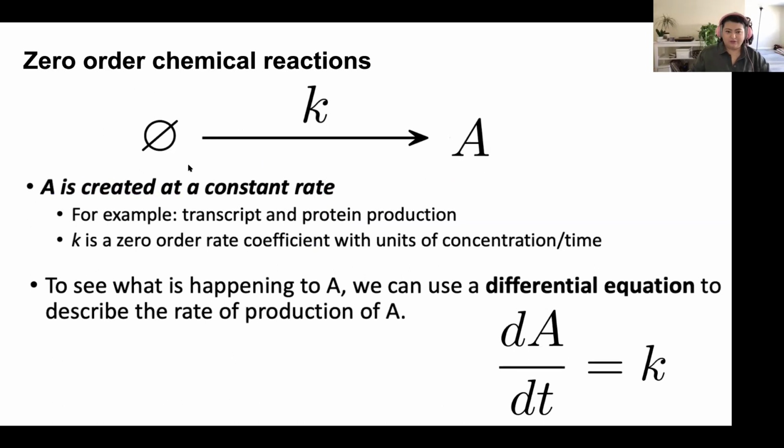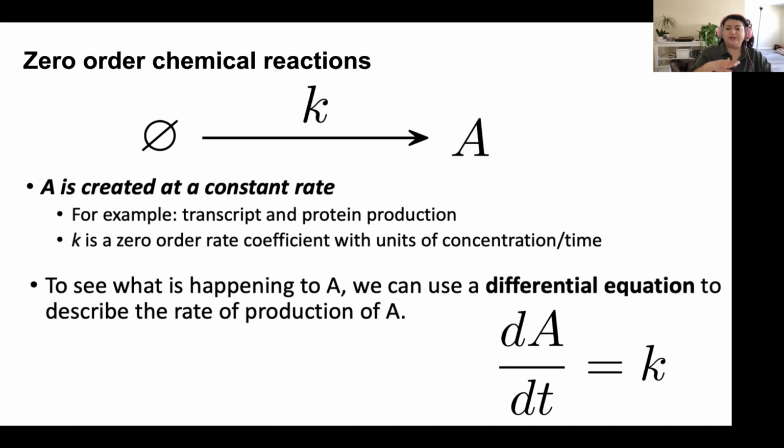This is usually used when we see something like A is created at a constant rate. The biological example for that could be a constant production of transcript, a constant production of protein, or anything that is created at a constant rate. Here K is the zero order rate coefficient, or the reaction rate parameter, which does have units of concentration over time.